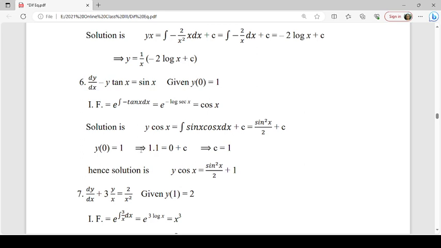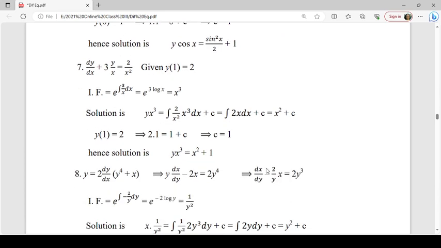So the left hand side, x is 0 means it is 1, y is 1, so the left hand side is 1, and the right hand side, x is 0 means it is 0, remains c, so 0 plus c means c is equal to 1. So we are getting the value of c, the constant. It is not an arbitrary constant, it is a fixed value. So now we write the solution is y cos x is equal to sin square x by 2 plus 1. In place of c we are writing 1.